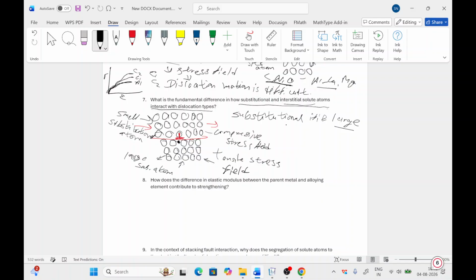We know that there are two types of dislocation, edge dislocation and screw dislocation.